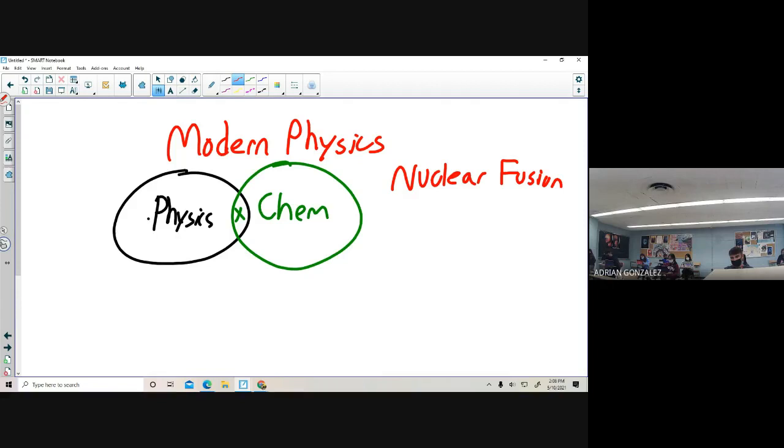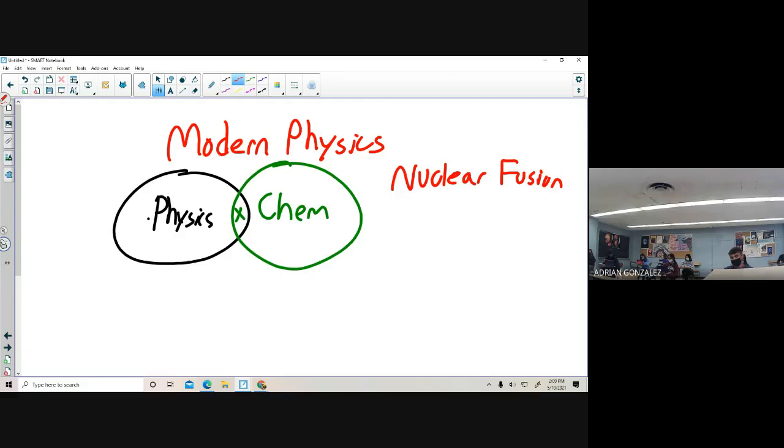Okay? What's nuclear fusion? You learned this in chemistry last year. What's a fusion reaction? Anybody remember? Does the term sound familiar? Let's start with that. Does anybody have any idea what it might be about? When what combine? Two elements. That's exactly what it is. You should have said it. In a fusion reaction, you take two light elements, you smush them together, and you make one heavier element.